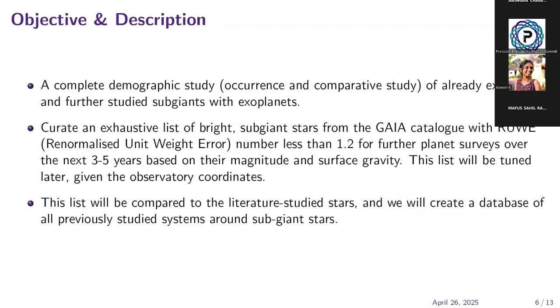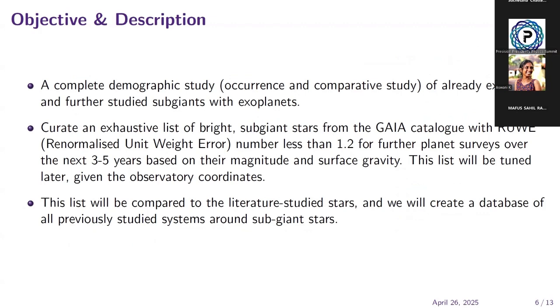Of course, it is initially to study all the existing exoplanets around subgiant stars. Even though Kepler and TESS target main sequence stars, a total of 190 exoplanets around 154 subgiant stars have been found. So we do an initial demographic study on them.